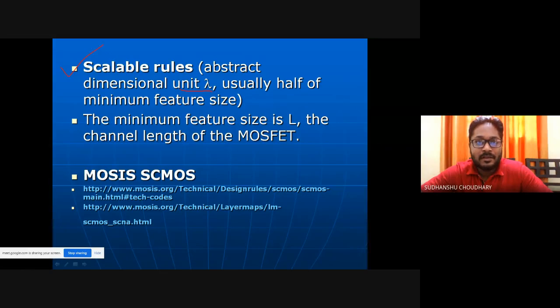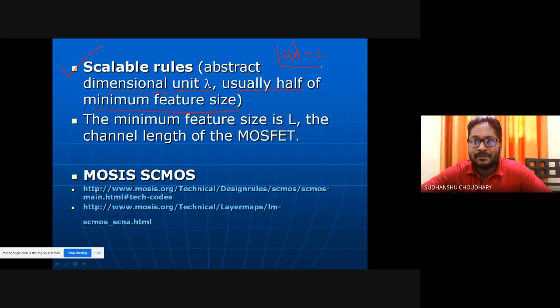So what does that mean? Lambda is a dimensional unit which is usually half of the minimum feature size. Instead of drawing in micrometers or nanometers, we say that the minimum feature size, that is channel length L, we relate 2 lambda to be equal to the channel length.